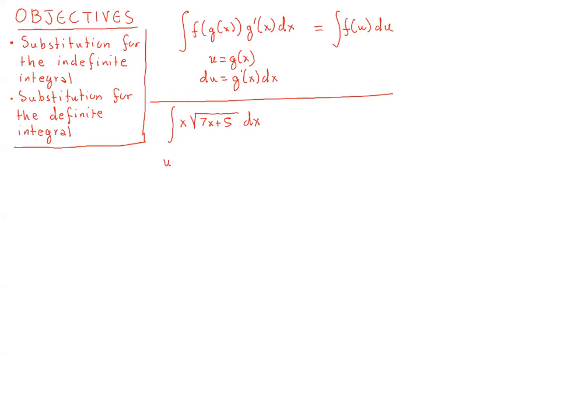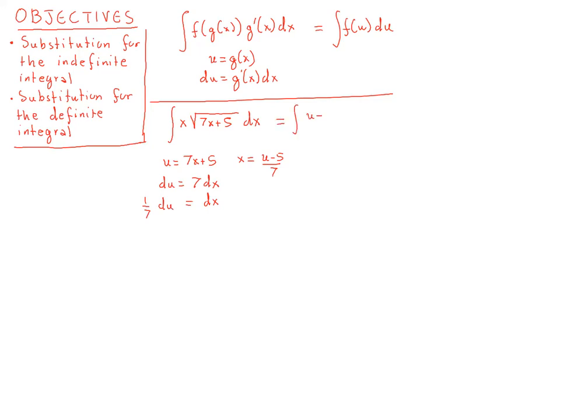So here we use the substitution u is equal to 7x plus 5, and of course du will be just 7 dx, and we will also need to solve for x, which is u minus 5 over 7. Of course, du being equal to 7 dx means that dx is equal to 1 over 7 times du. So now we can do our substitution.